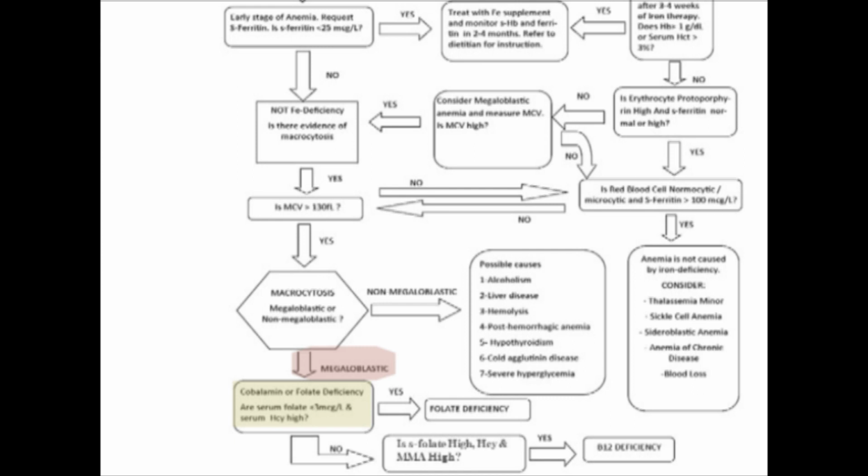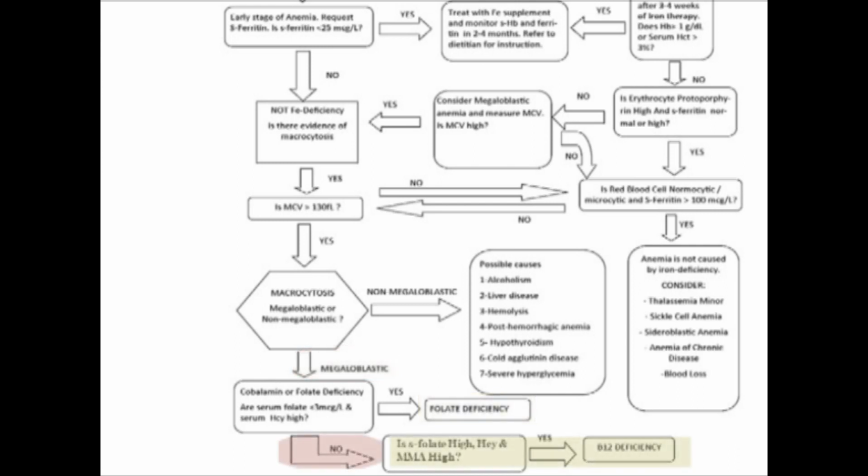So if the serum folate is less than 3 micrograms per liter, and if the homocysteine is high, and we answer yes, then we can assume the megaloblastosis is due to a folate deficiency.